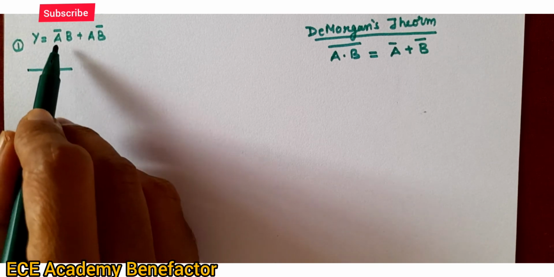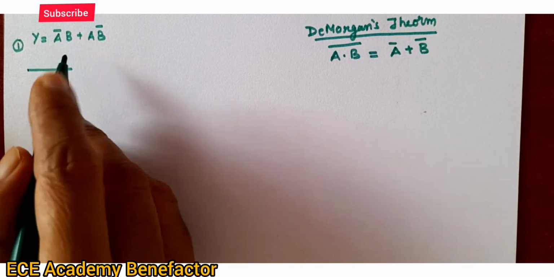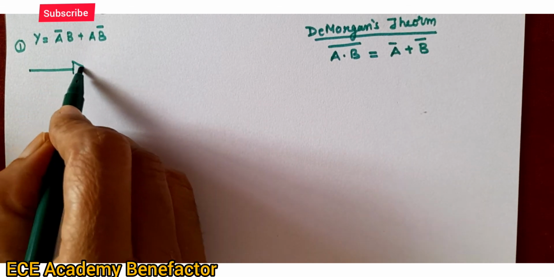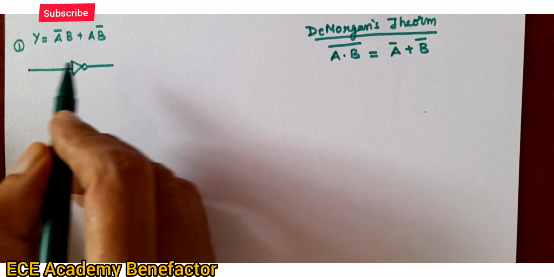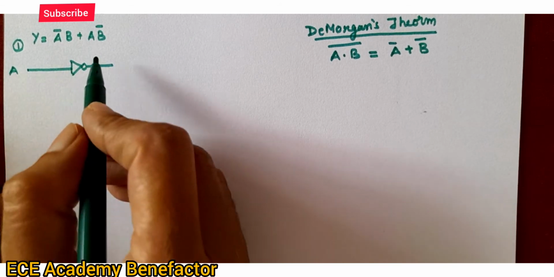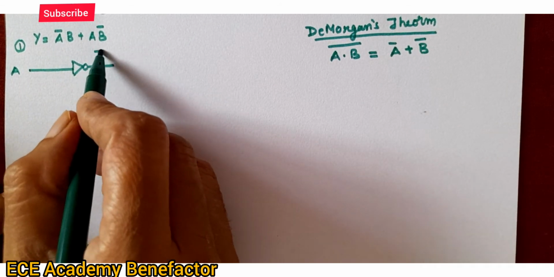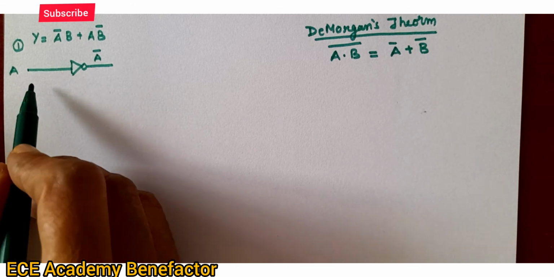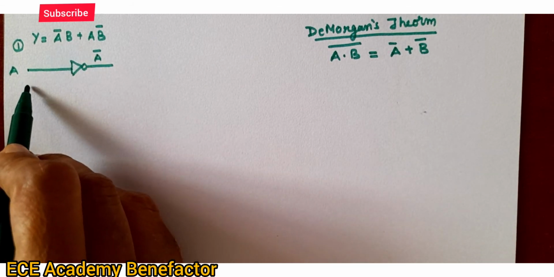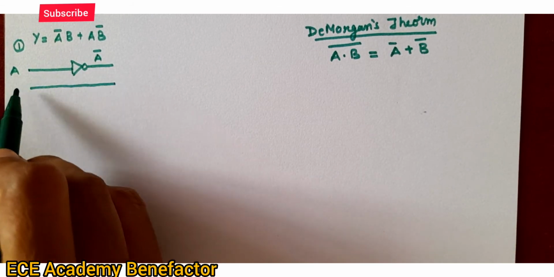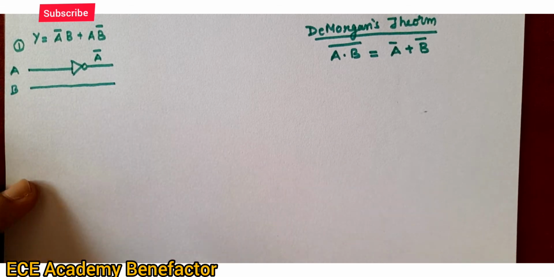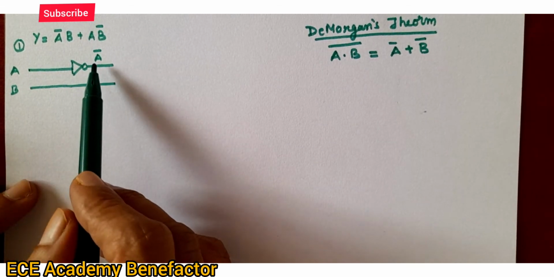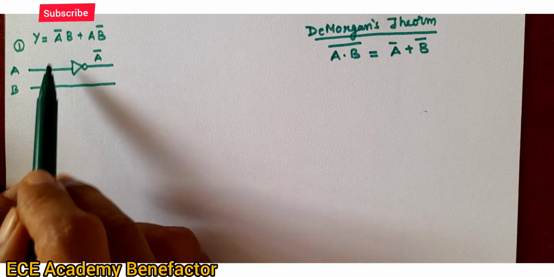A, first term we will get A bar. How? By placing a NOT gate. This is A, we are getting here A bar. Now, we have to take another line B, another input line B, okay, like this. So, this is A bar B, A bar and this B.